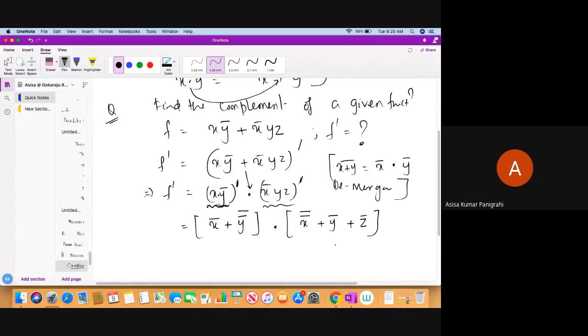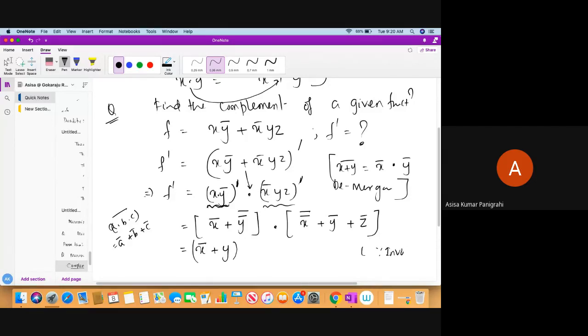Similarly what we have applied here, I have applied this one, a and b and c whole bar is nothing else, break all the bars, change all the operators. So this is the way I have applied here. Then finally I have just used x bar's bar, that is x, and y bar's bar is y, because I have used the involution theorem.